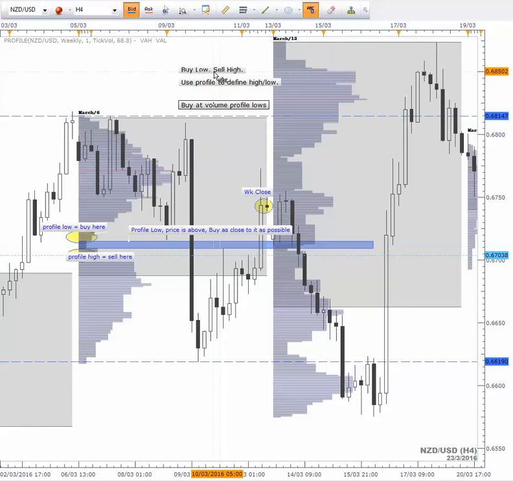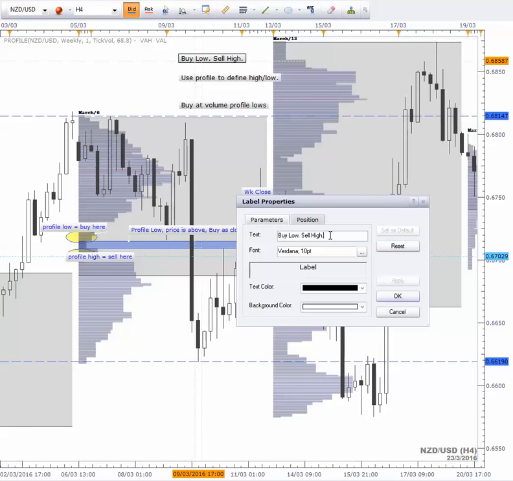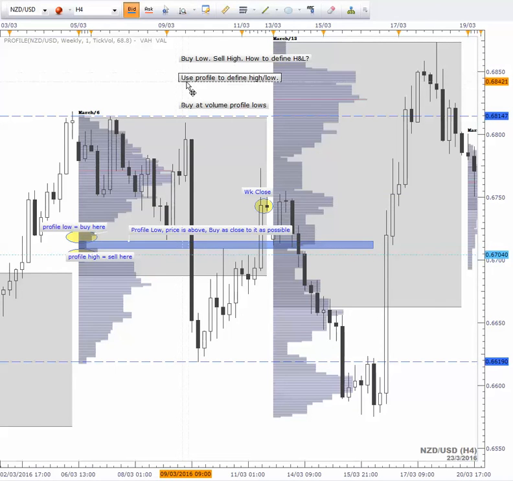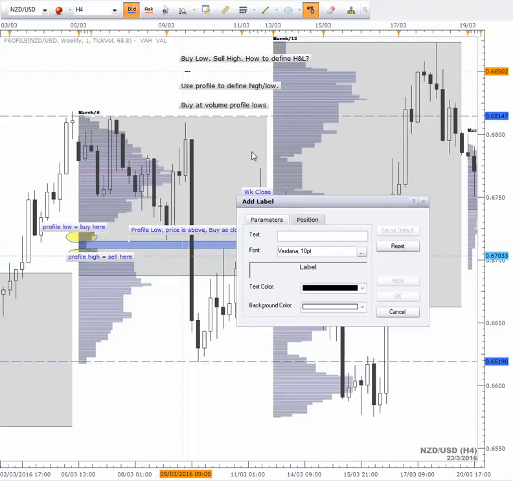So when I say I want to buy low, sell high, I need to define a low and a high. How to define high and low? Well, I'm going to use the volume profile to define highs and lows.